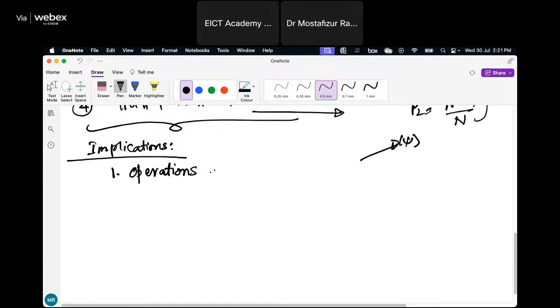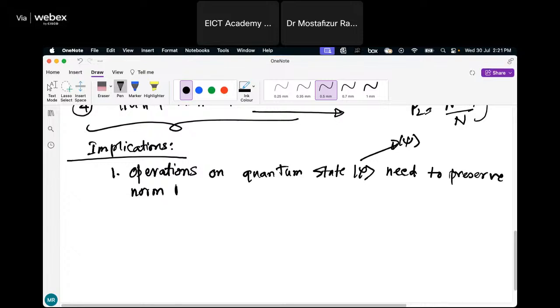That means operations on the quantum state, that is the quantum state psi, need to preserve the norm, and that norm equals 1.